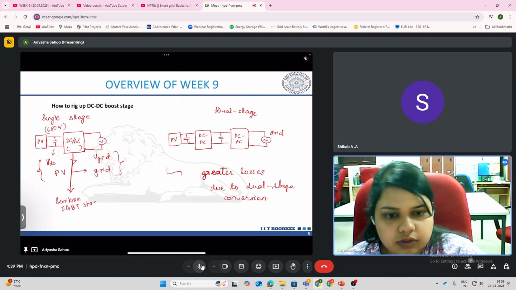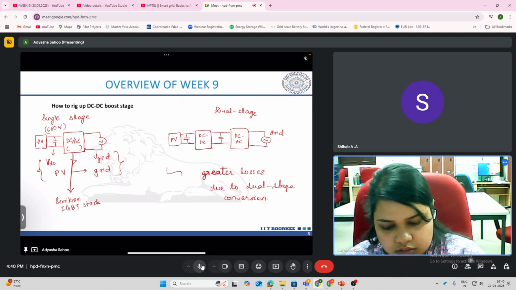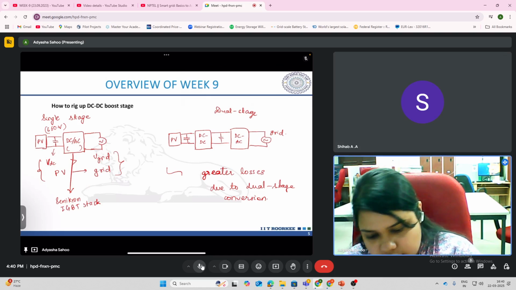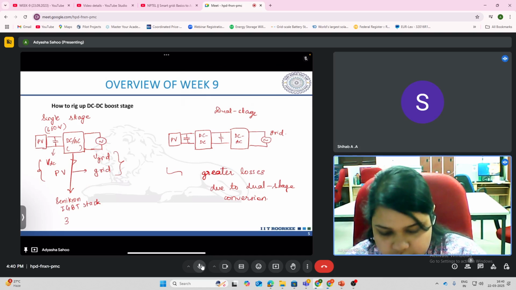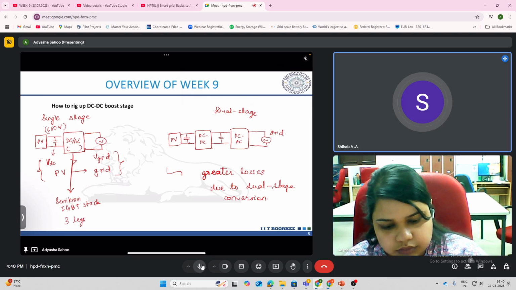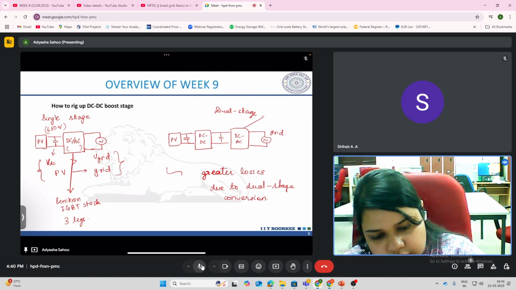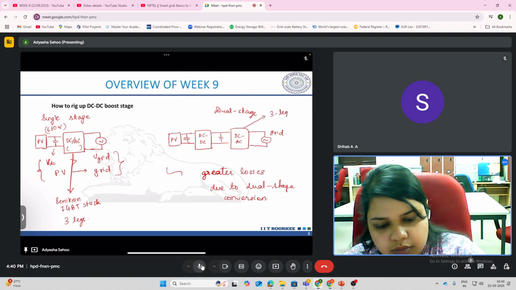And how many legs of the IGBT module will be used? For three phase, we are doing three phase here, so three legs will be used. And then here also similarly you have the inverter, so three legs are used up.